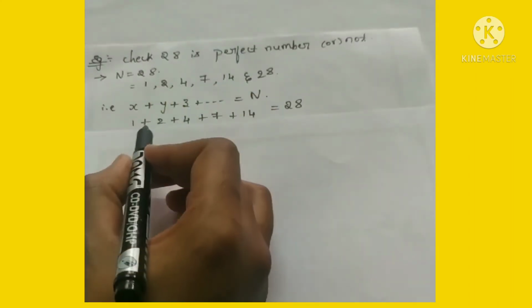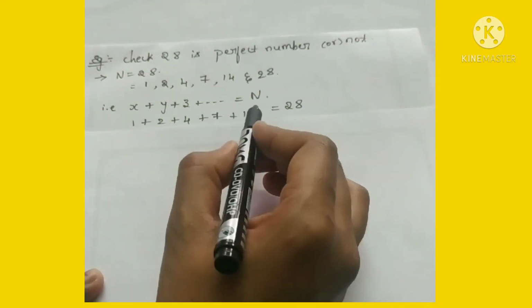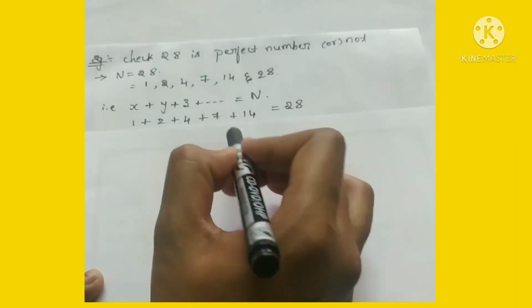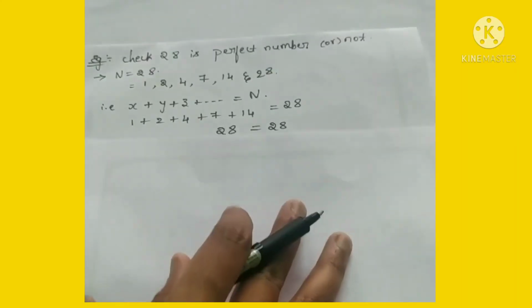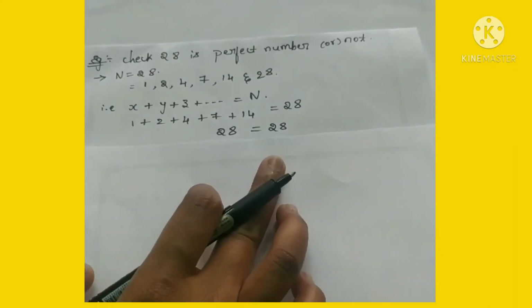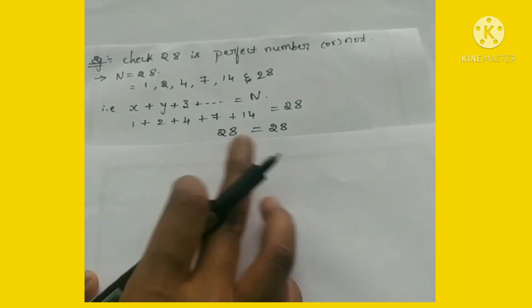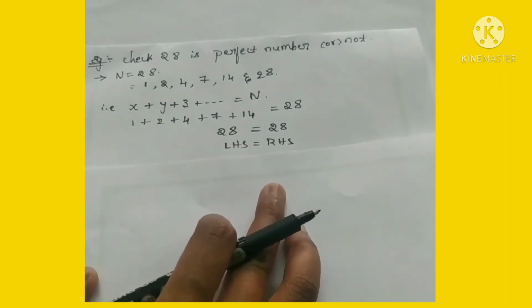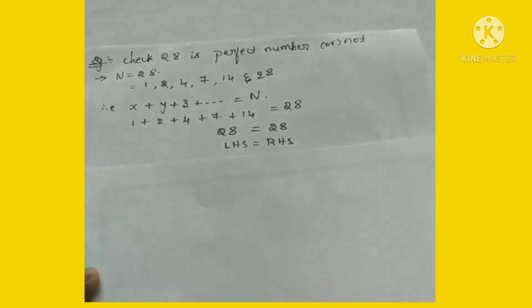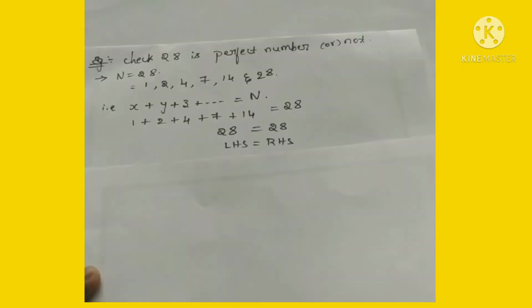If I add all these numbers, the answer is 28. So 28 equals 28, which means LHS is equal to RHS. So the condition is satisfied. So 28 is a perfect number.